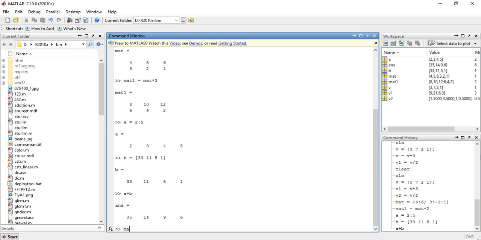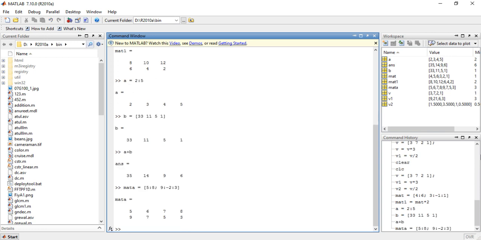Let us take one more example. Matrix A equals 5 to 8 semicolon 9 to 3, so this is matrix A, and matrix B equals reshape of 1 to 8, 2, 4.